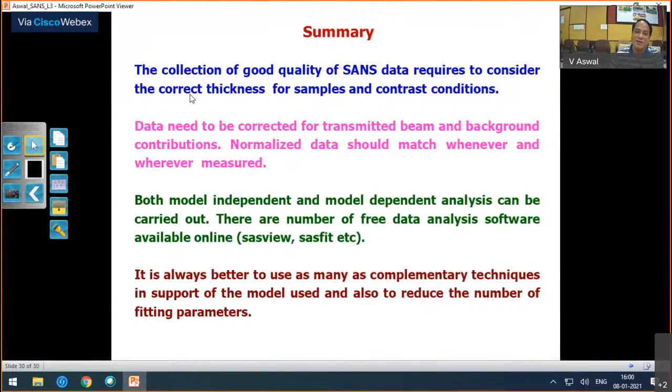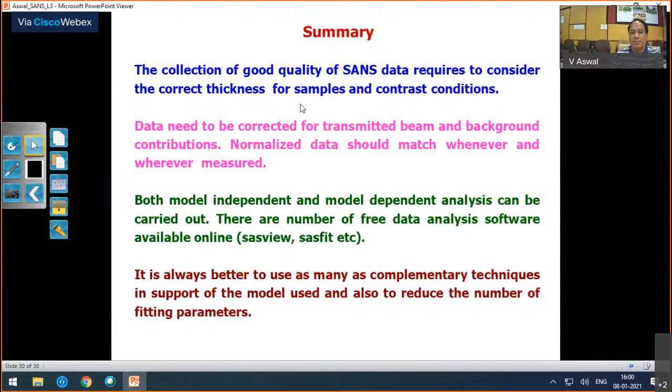If we want to collect good quality science data, it requires considering the correctness of sample and contrast conditions. So you should know what the correct thickness is and also what the right contrast conditions are. Without that, it will be very difficult to get the correct data.